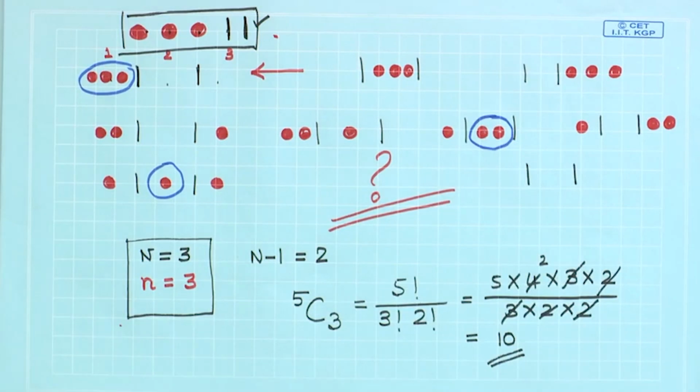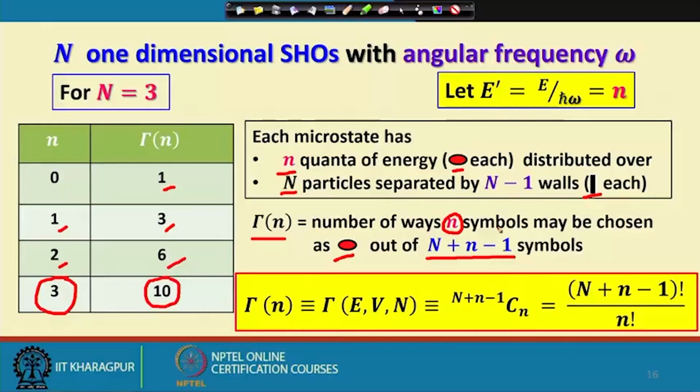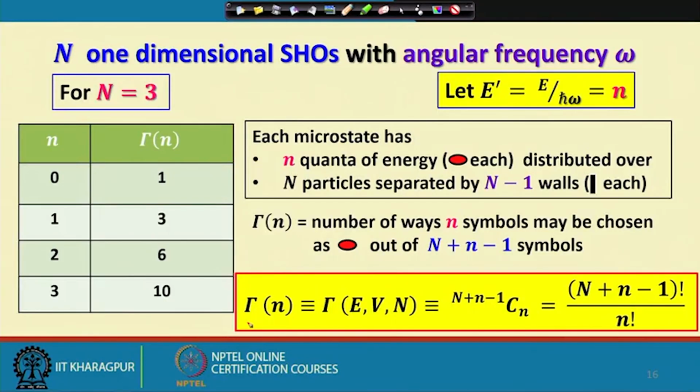So, this kind of counting becomes useful when you have no restriction as to how many quanta of energy can be accommodated by each particle, that is, each of the particles can have an infinite number of options as far as their own microscopic states are concerned. So, in this case we have learnt several new things, and what we have learnt over here is if capital N is a large number, then gamma is going to be a very large number indeed.